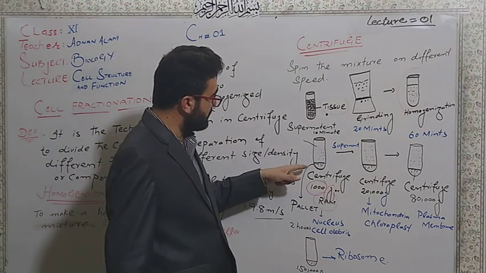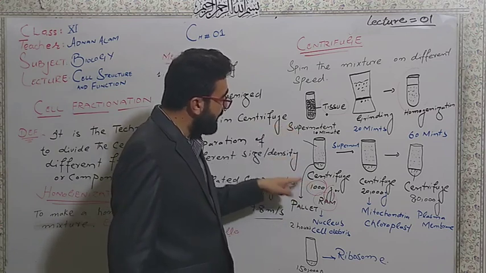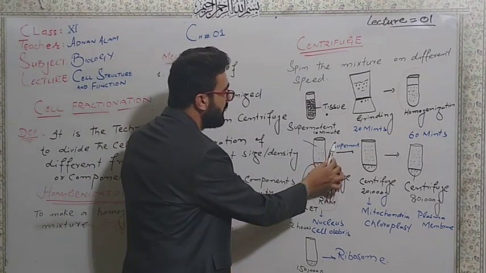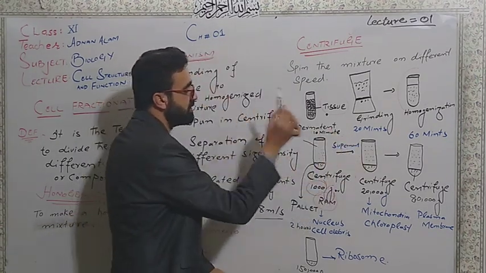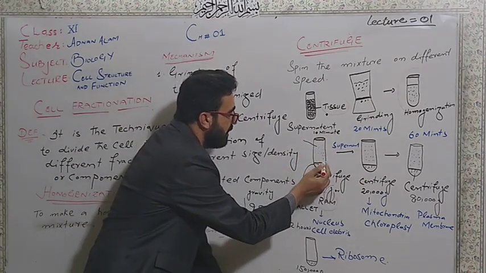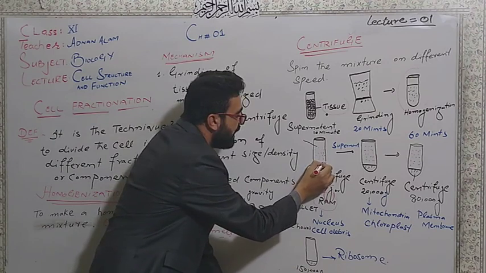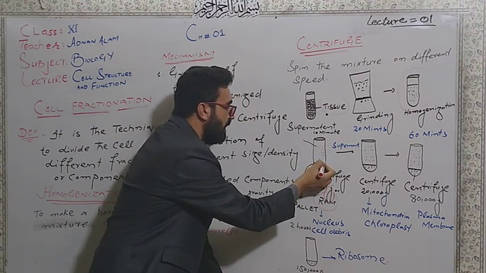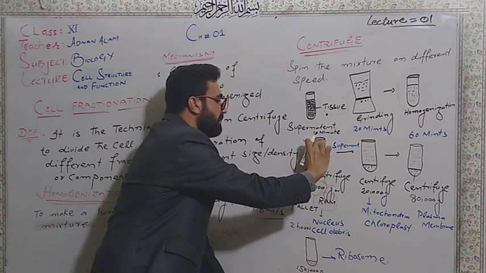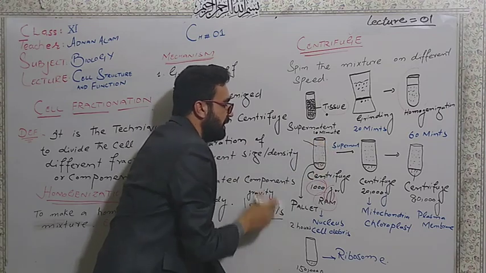So my dear students, at 1000 times gravity we will spin this homogeneous solution, and after spinning, some heavy particles will be sedimented at the bottom, and the rest of the solution will be here.